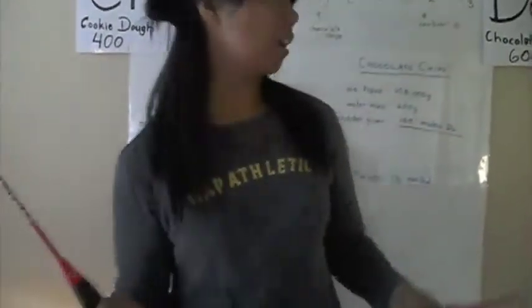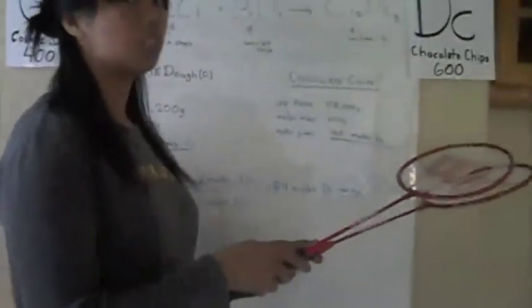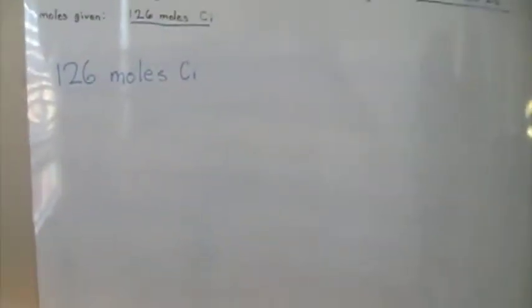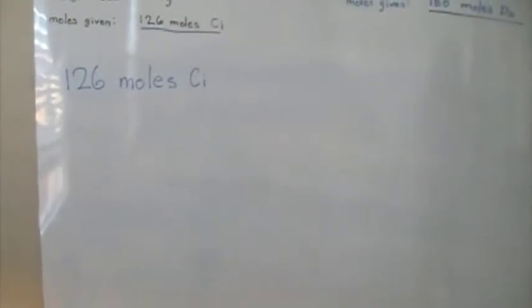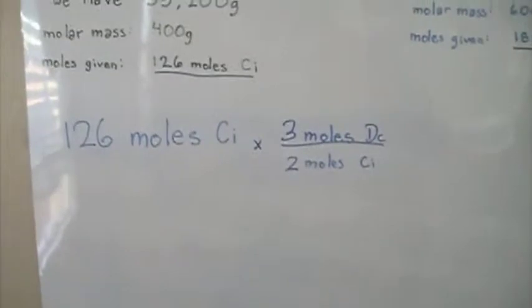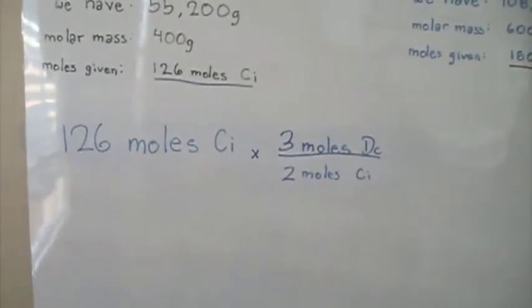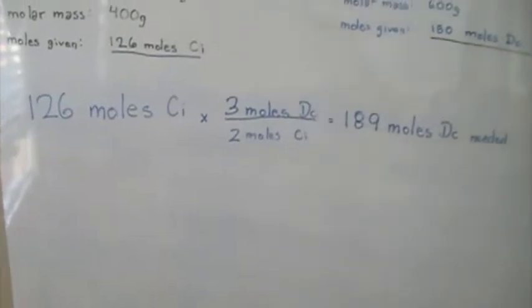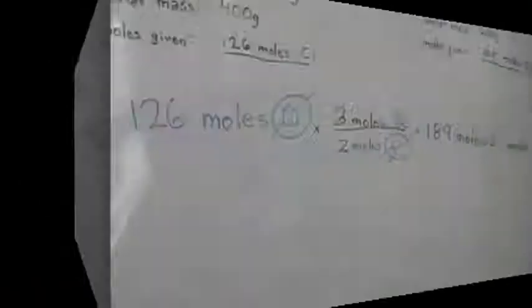Now we're going to find out how many moles of chocolate chips you would need to react with 126 moles of cookie dough. And so we have 126 moles of cookie dough multiplied by the ratio of, for every 3 moles of chocolate chips, you need 2 moles of cookie dough, to get 189 moles of chocolate chips needed.